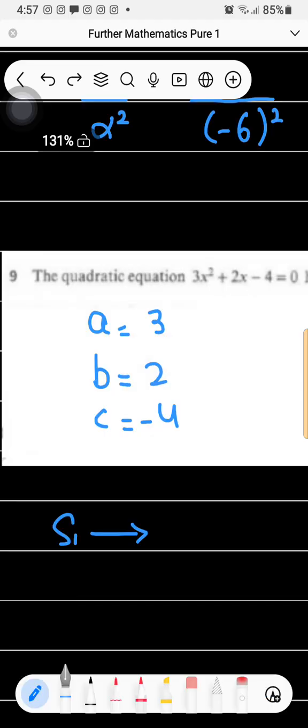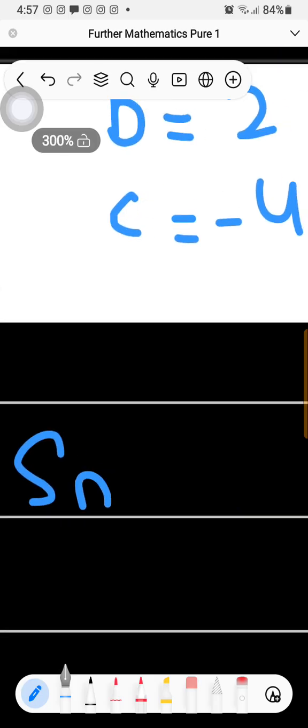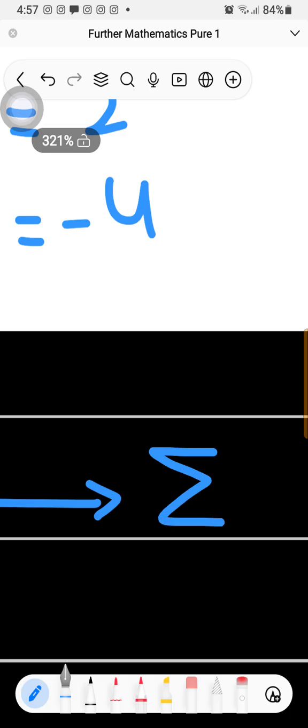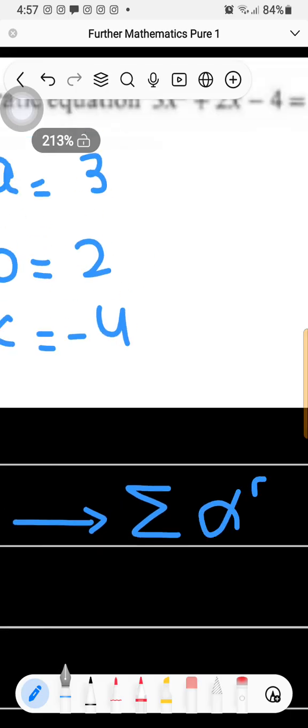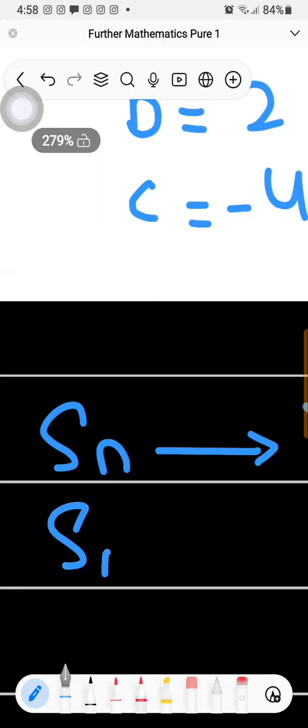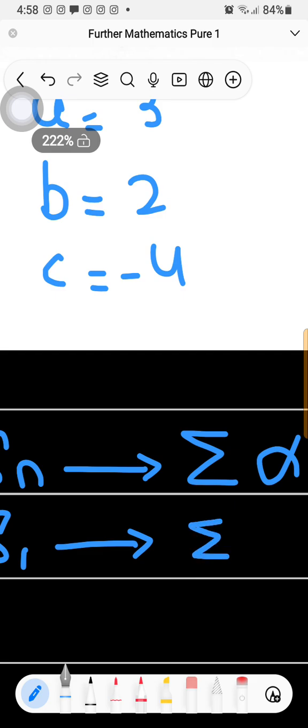Yeah, so I was writing that Sn is basically sum of alpha to the power n. So if it is asking for S1, we will write sum of alpha.